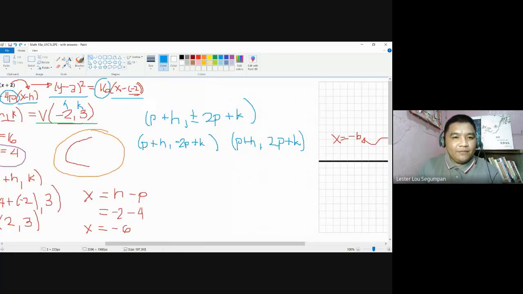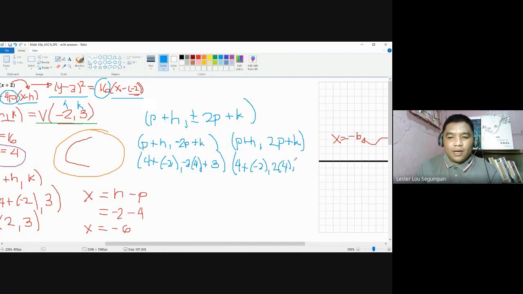Okay, so we have here the values. p is 4, h is negative 2, comma, negative 2 times p, which is 4, plus k, which is 3. And for the second, we have 4 plus negative 2 for h, comma, positive 2 times 4 plus k, which is 3. 4 plus negative 2 is positive 2.